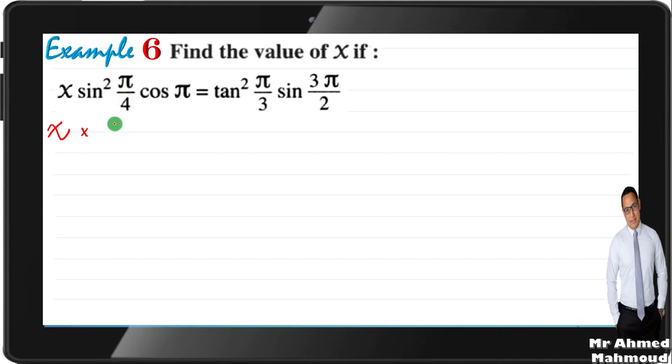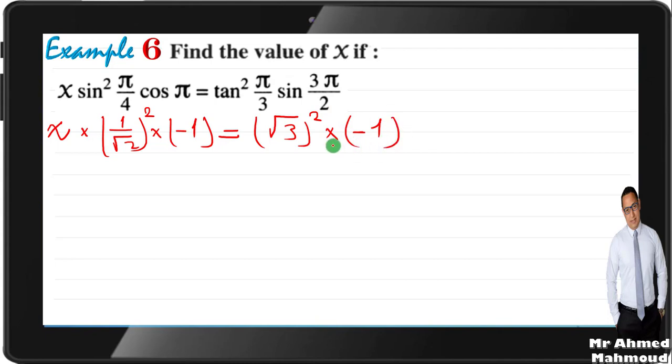Sine 45 equals 1 over root 2, all to the power of 2, times cosine 180 equals negative 1, equals the right side: tan pi over 3, which is 60. Tan 60 equals root 3, to the power of 2, times sine of 3 pi over 2, which is 270. Sine 270 equals negative 1. Okay. Now x times this one equals negative half.